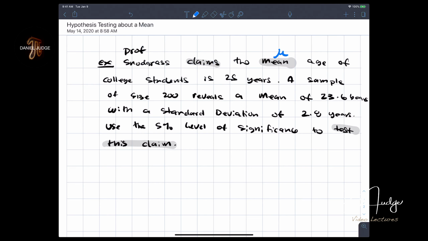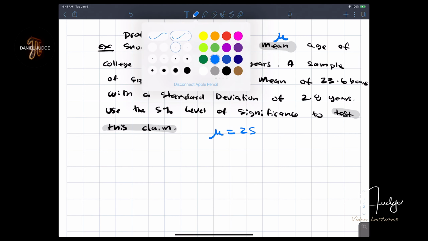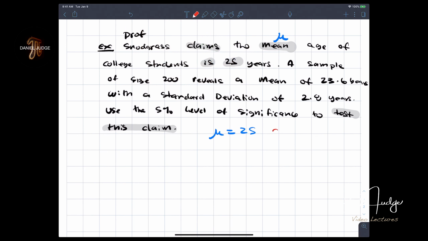It's saying that the mean age of college students is 25. Yesterday, we translated those statements. Write it down: mu is 25. And label it as the claim. That's an extremely important step.